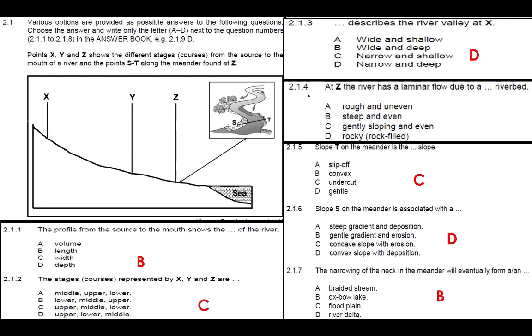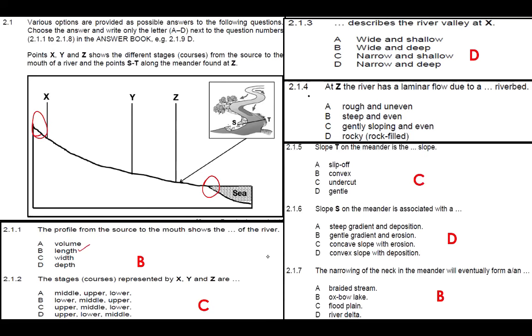From the source to the mouth, what does it represent? It shows the length of the river. And then what do we have there? The stages. Now these stages are scrambled up. What you must do, you must choose the correct order.